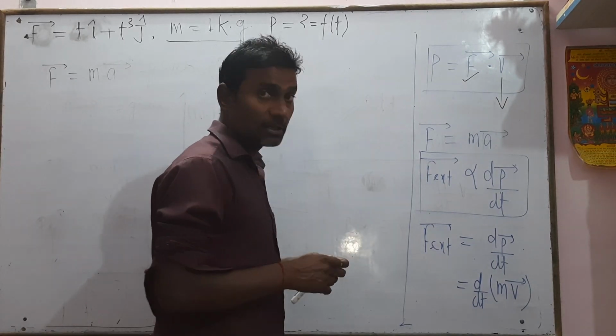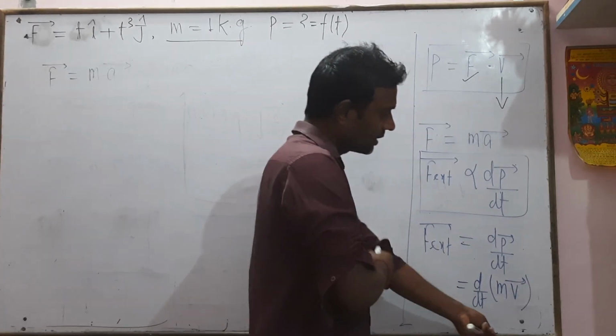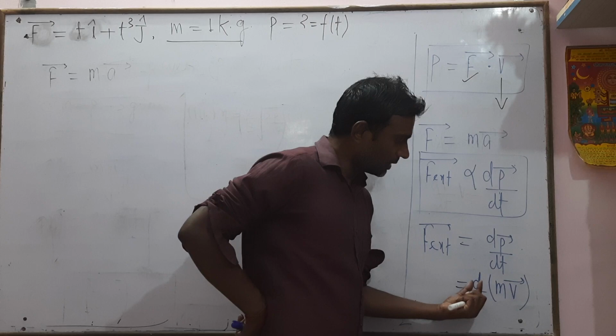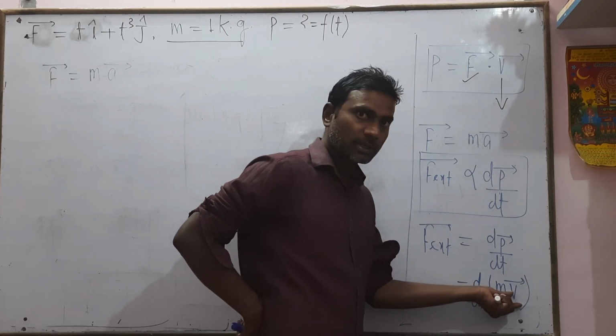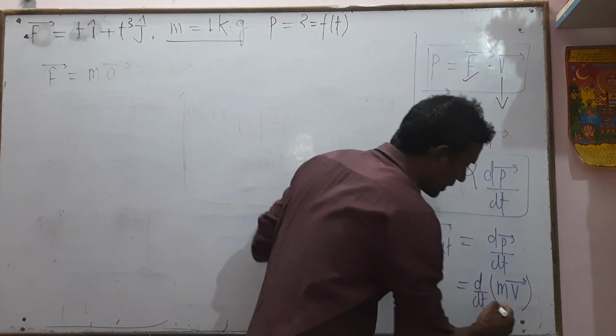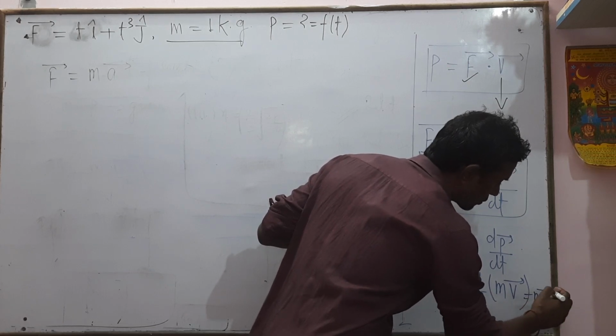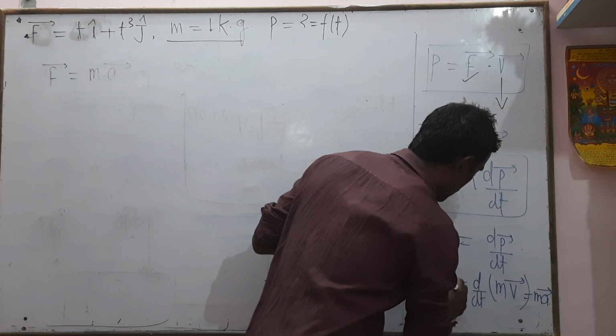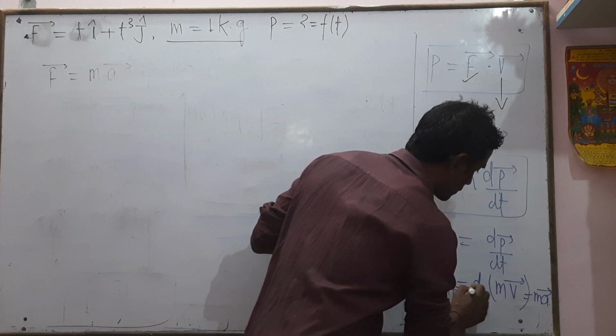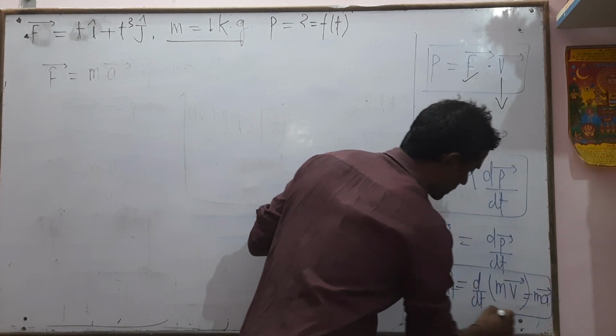In this case mass is constant, so we get mass m into d by dt of velocity vector, which is mass m into dv by dt, which is acceleration. So force F equals mass into acceleration.